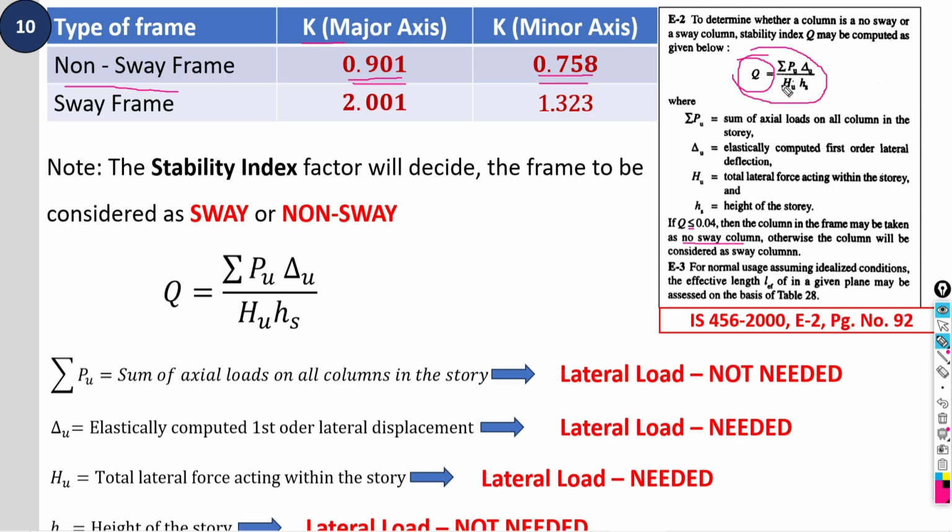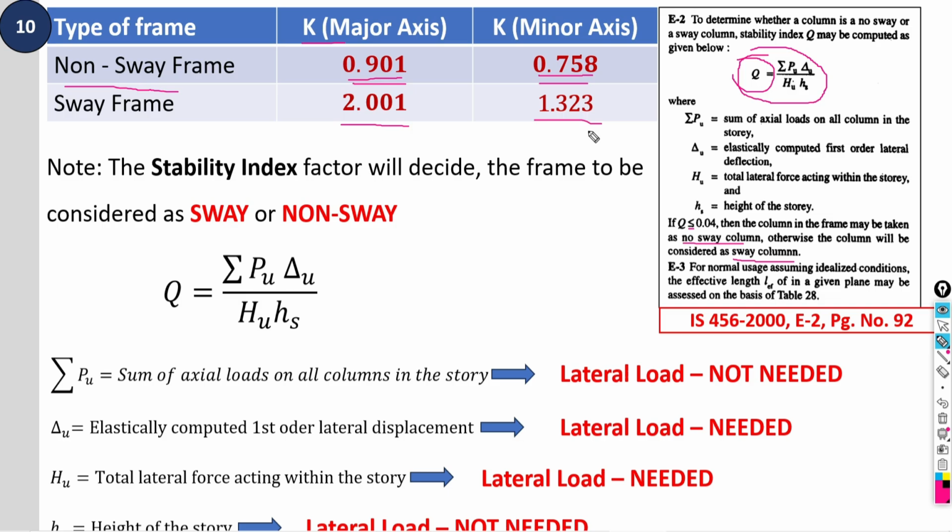But if your Q factor comes out to be more than 0.04, then you have to consider your column or frame as a sway frame or sway column. Then the value will always be more than 1, and it may turn your column into a long column, and the design will be towards the critical side, demanding more section and more reinforcement.